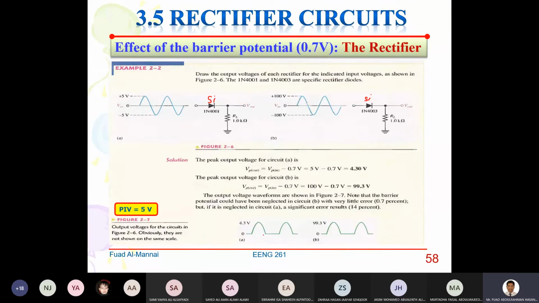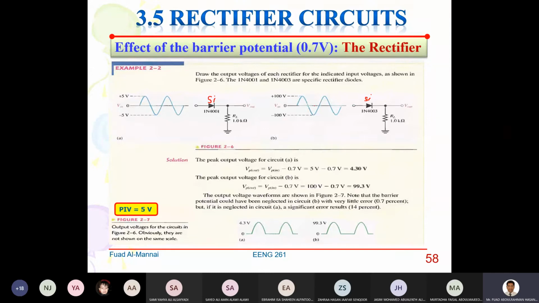Now, what is the PIV for this one here? The PIV for this diode will be 5 volt, because this over here is half the cycle. Half of the cycle is negative 5 volt.